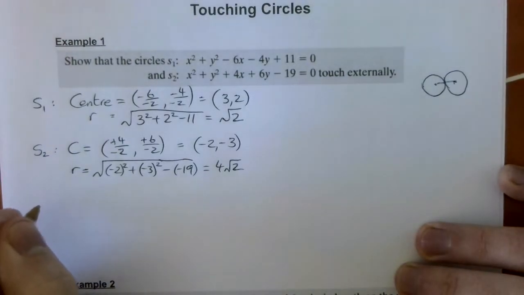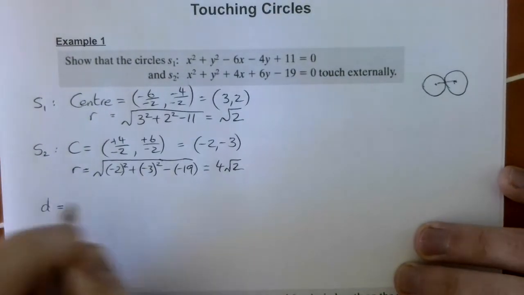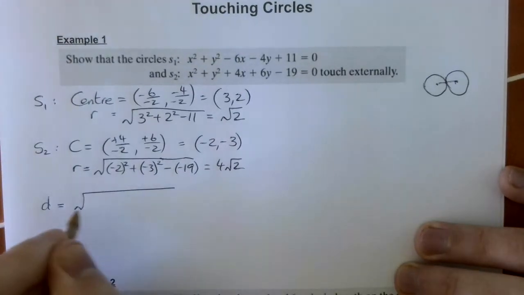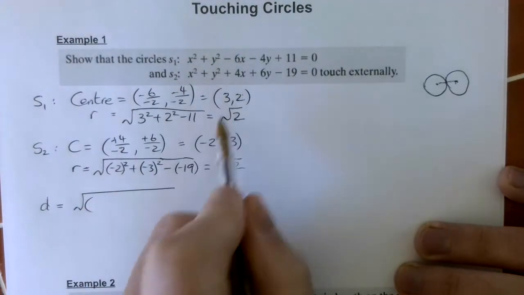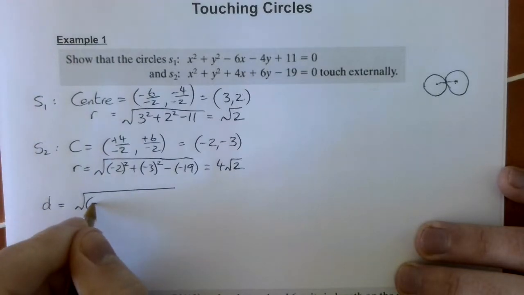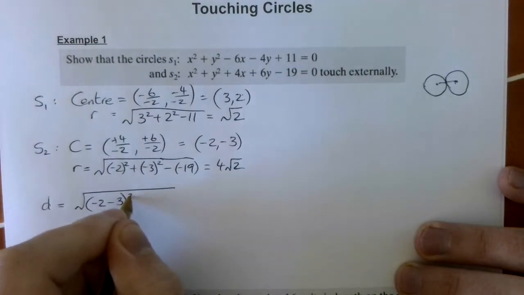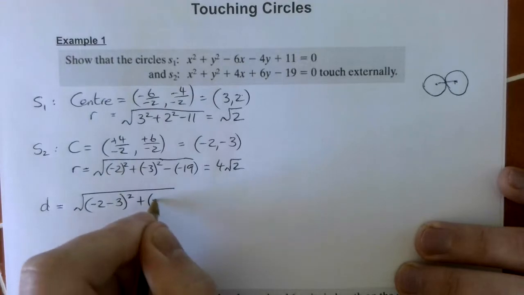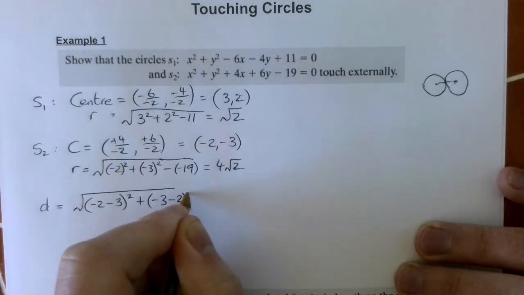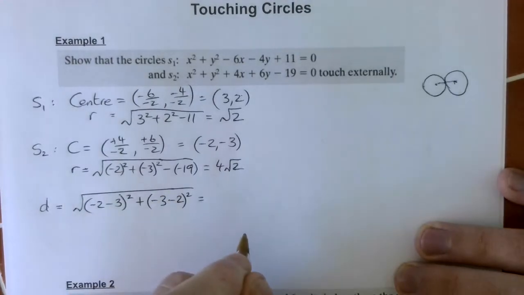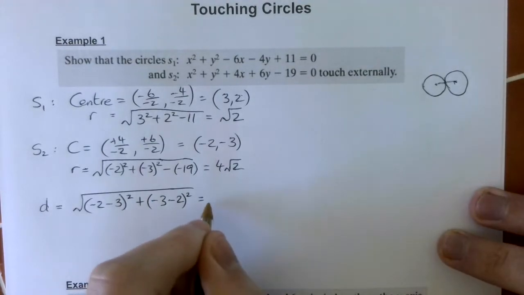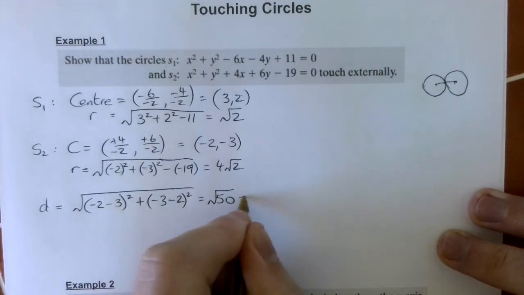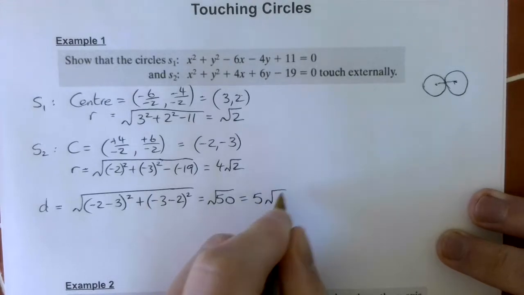So we need to find the distance between the two centers. It's going to be x1, y1, x2, y2. So it's the square root of x2 minus x1 squared plus y2 minus y1 squared, which is equal to the square root of 50, which is equal to 5 root 2.